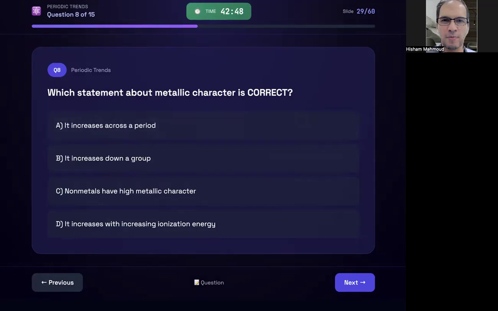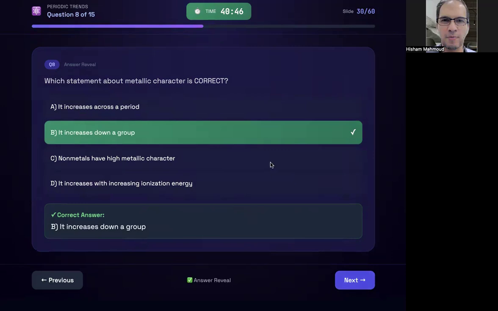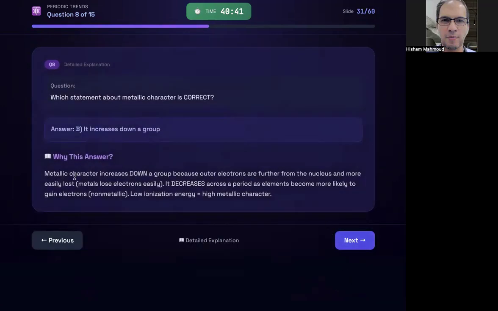Now, I hope you found your answer. Yes, the answer is that it increases down the group. Why is that? Metallic character increases down a group because outer electrons are further from the nucleus and more easily lost. The metal loses electrons easily.